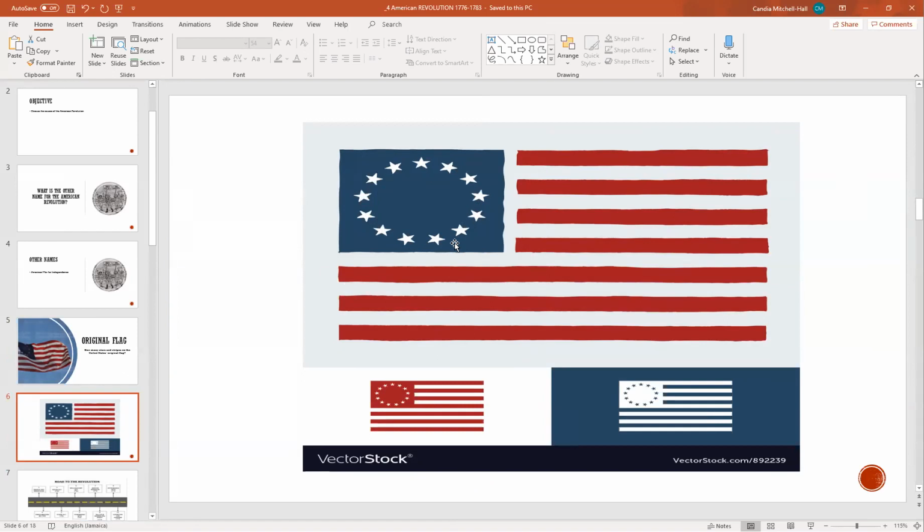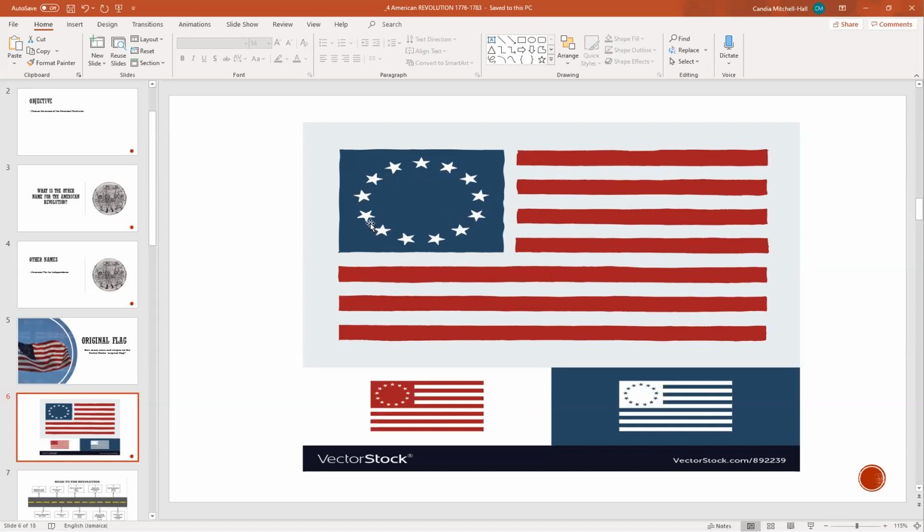What do the 13 stripes and the 13 stars symbolize? The 13 original colonies. So these were the original colonies that decided that they are going to form a union. They are going to become one country.